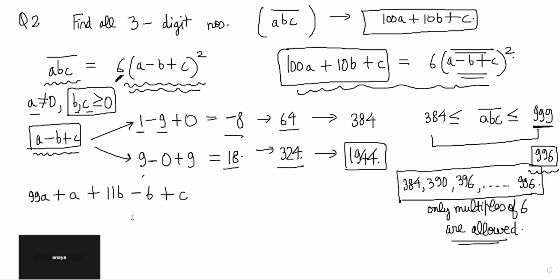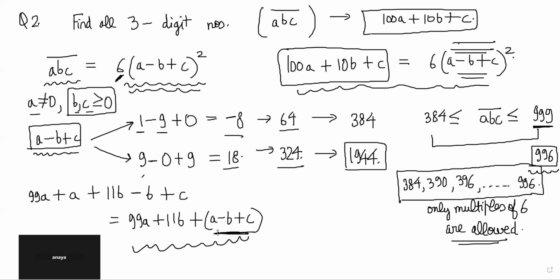So this is basically 99A plus 11B plus A minus B plus C. Why am I doing that? Because on the right hand side I have this square, so on the left hand side also I can create a similar term and then take it to the right hand side.